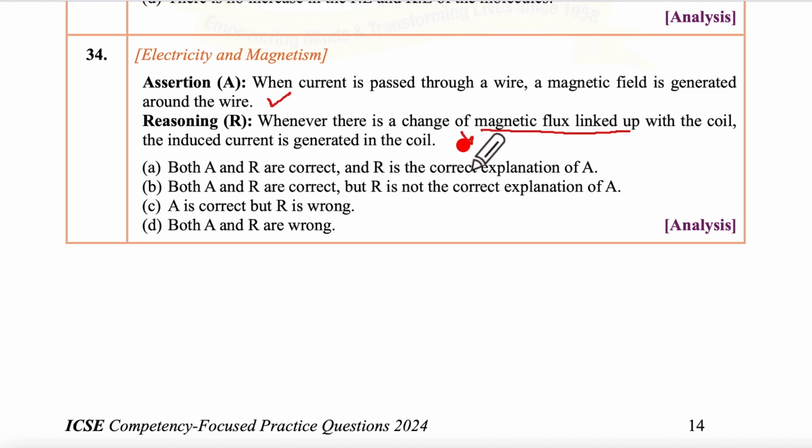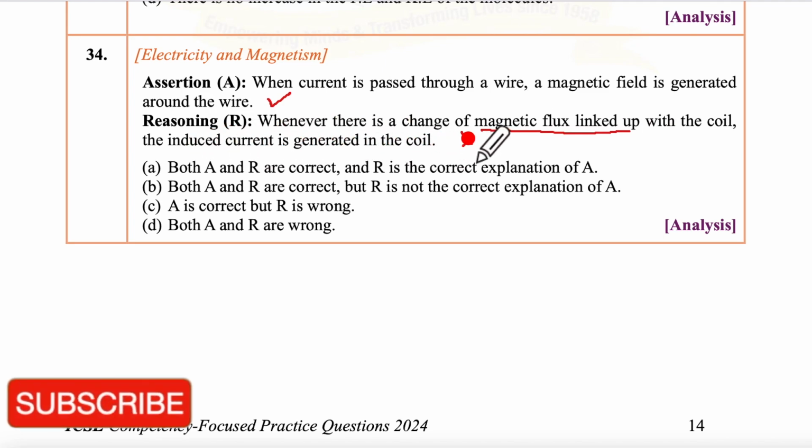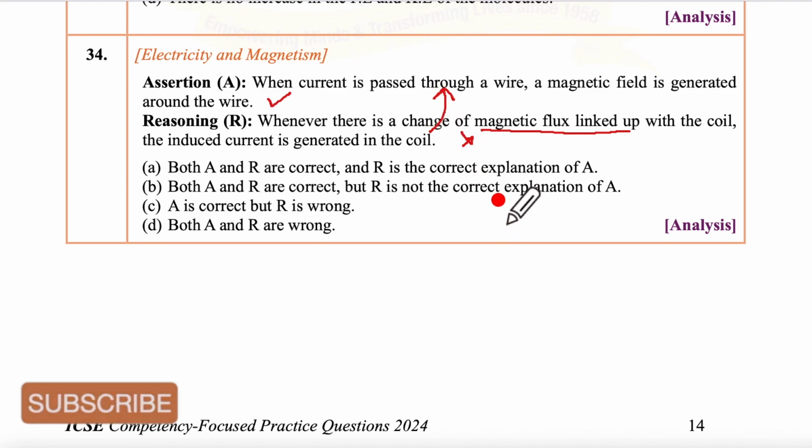So this is not the correct reason. Although whenever there is change in magnetic flux linked with the coil, the induced current is generated is correct, but this is not the reason for this. Okay, so both of them are correct, but R is not the correct explanation. So option B is the correct option.